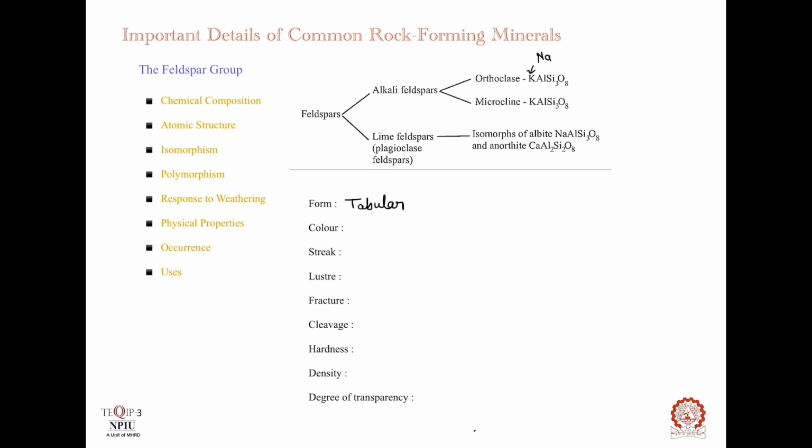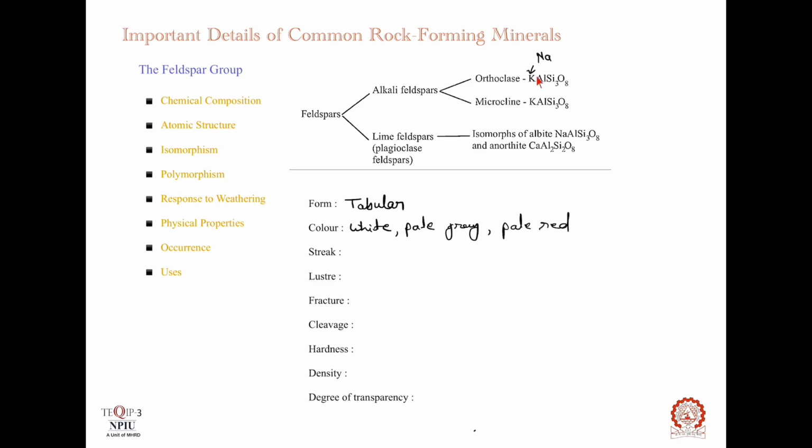The feldspar group minerals generally have white, pale grey, or pale red color. Green, brown, and other colors may also occur.